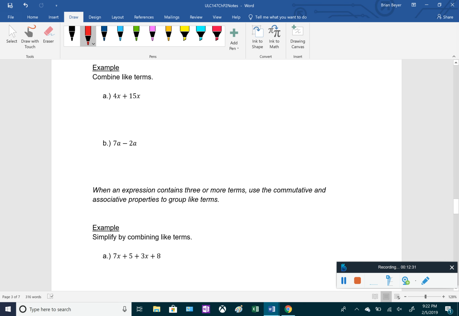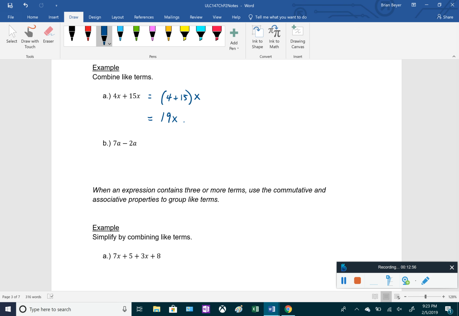So let's combine these like terms. So we have 4x plus 15x. So probably we know that right away this is going to be 19x because 4 plus 15 is 19. Technically what we're doing is the distributive property in reverse, which is actually called factoring out an x here. So what we're going to have is 4 plus 15 and then times x. So we get 19x.